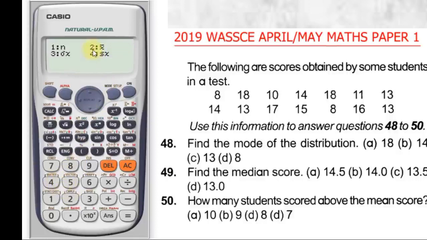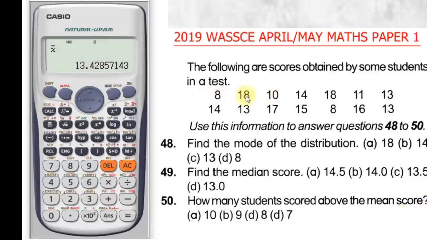And we can see the option 2. If you press 2, that means we want to find the mean, which is x with a bar on top of it. So if I press 2 and I press equal to, the calculator is telling me that the mean score in the set of data that was given is 13.4. So to get the number of students that scored above the mean score, we need to look at those that scored above 13.4.